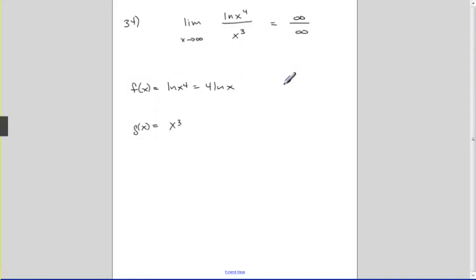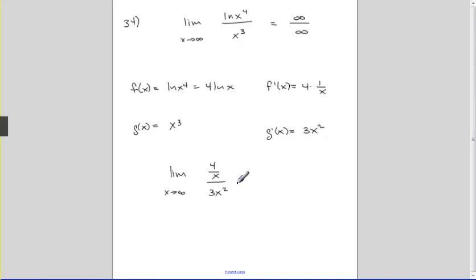So the derivative of the natural log of x is 1 over x, so f prime of x is 4 times 1 over x. And g prime of x is going to be equal to 3x squared. So instead of evaluating our original limit, we're just going to evaluate the derivative limit.